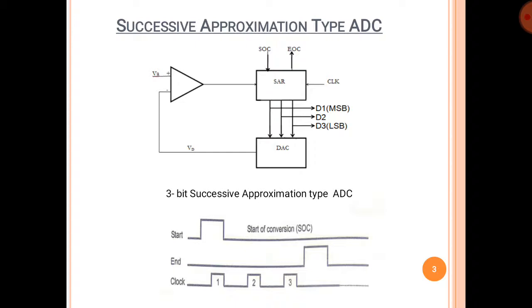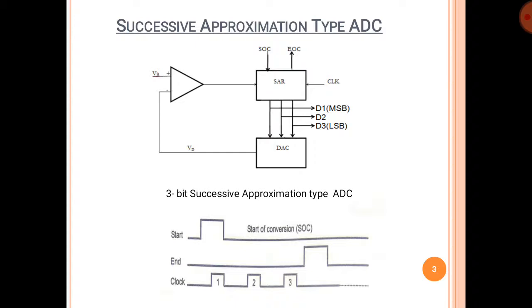The digital output is converted into analog using the DAC, and the output VD of this DAC is given to the inverting input terminal of the comparator, and the external analog voltage that is to be converted is given to the non-inverting input terminal of the comparator. Depending on the comparator output, it will give a signal to the SAR, and the analog signal will be converted into a digital signal D1, D2 and D3, where D1 is the MSB and D3 is the LSB.